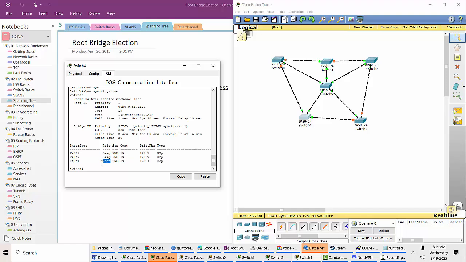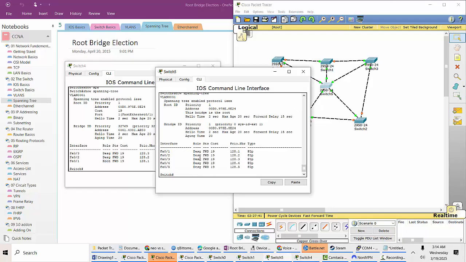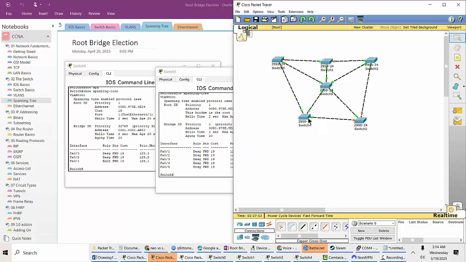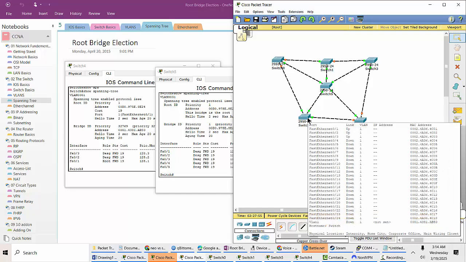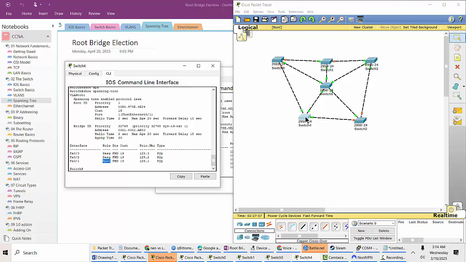It's a root port, meaning that this particular port takes you to the root bridge. Unlike this one, where all of them are designated ports. So it's not just that they are in forwarding status; they're not all designated roles. One of them is going to be the root port.